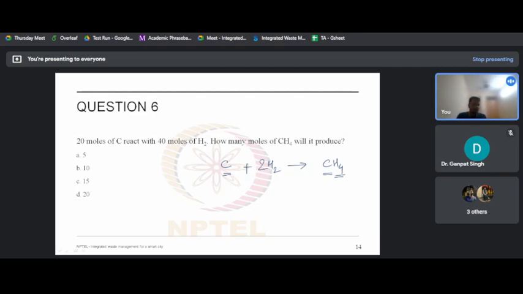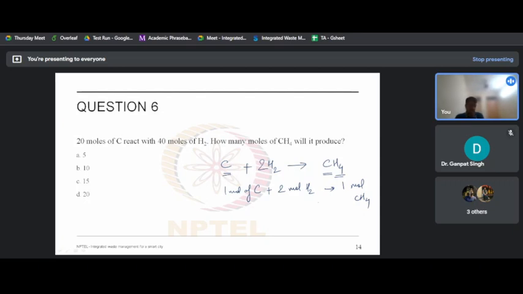We should also check the carbon again, because if it is a complicated reaction with balancing, the number sometimes changes. Still carbon is 1 mole, 1 mole. So the reaction is balanced now. So 1 mole of carbon reacts with 2 moles of hydrogen, and this will form 1 mole of methane.